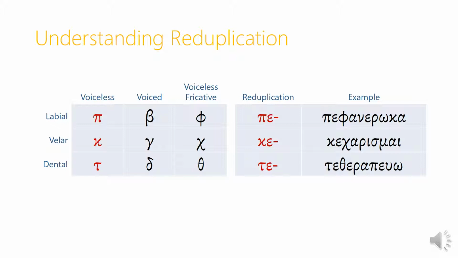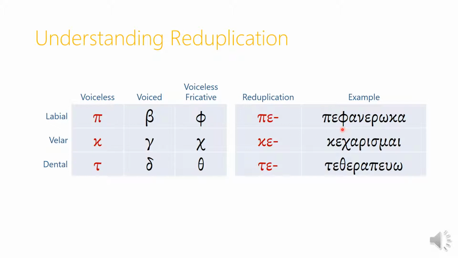So if we remember our square of stops, we have at the top the labial group of consonants, the ones that are made with our lips, P and beta and phi. And if any of those labial consonants begins the present tense stem of the verb, then the voiceless version, P, will be used in the reduplication.